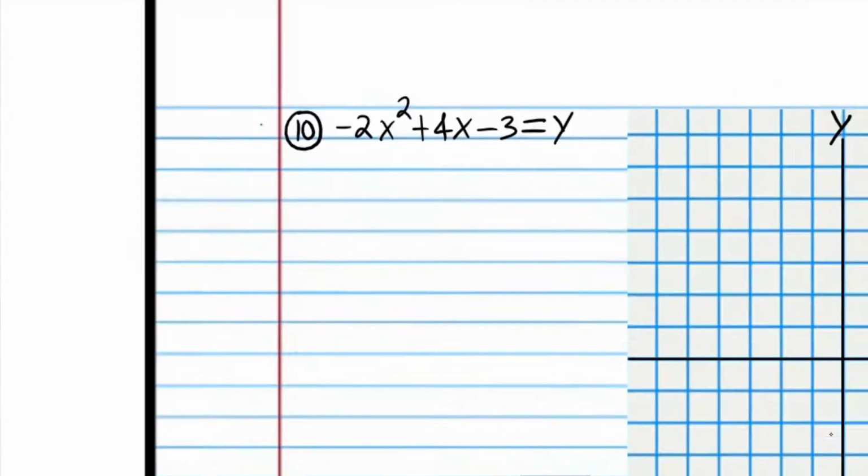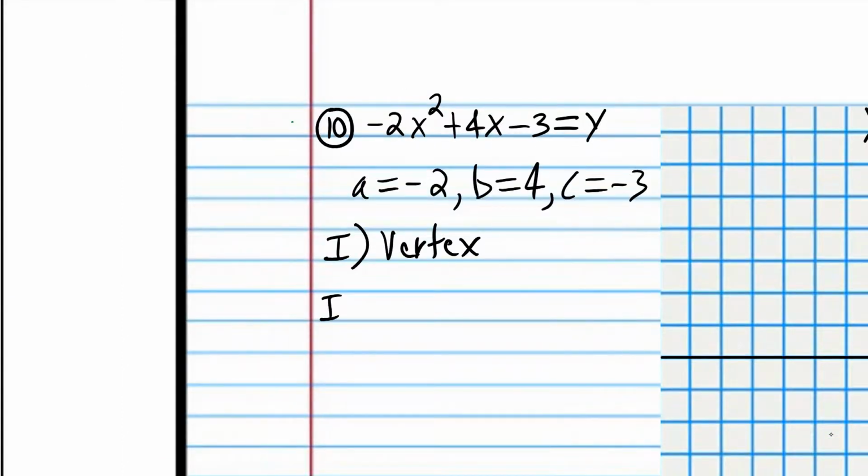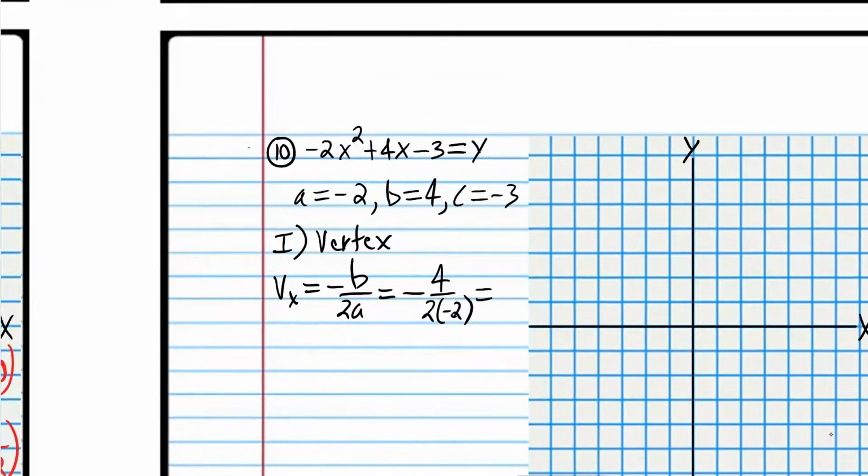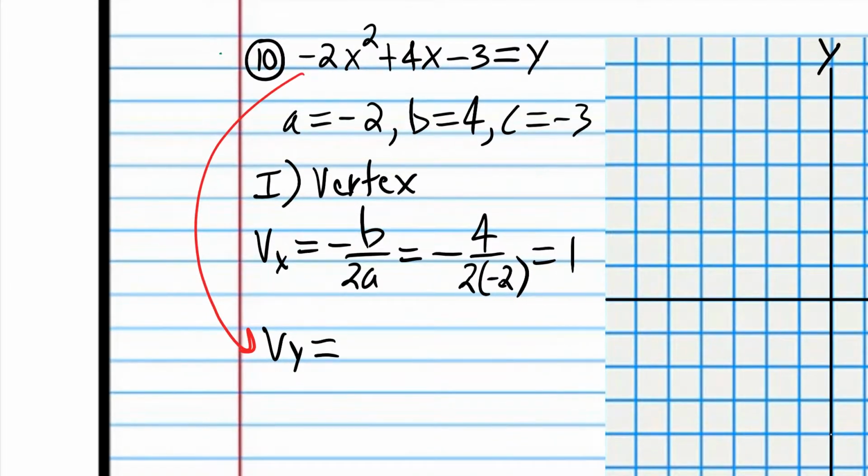All right, we're back. Step 1, of course, we're going to find the vertex, and we have negative b over 2a. B is 4, and a is negative 2. So it looks like we're going to have 1 for the x value of the vertex, and for the y value of the vertex, we're just going to plug the x value into the original equation to find it.